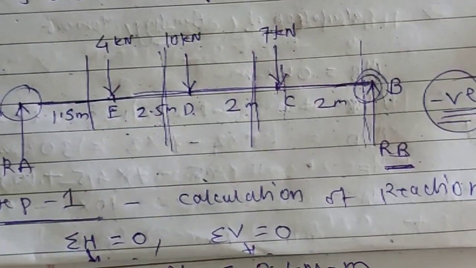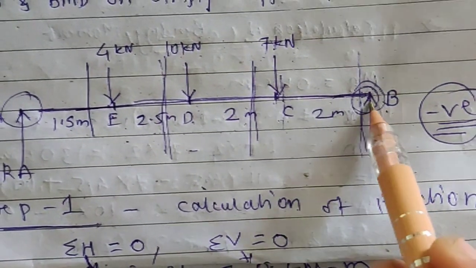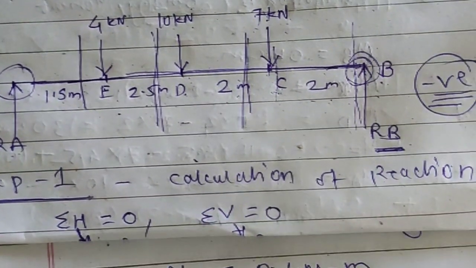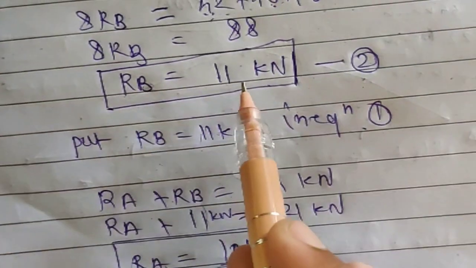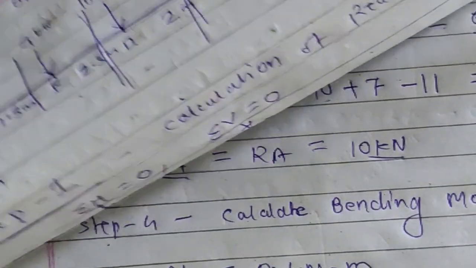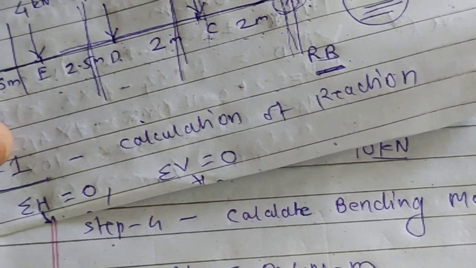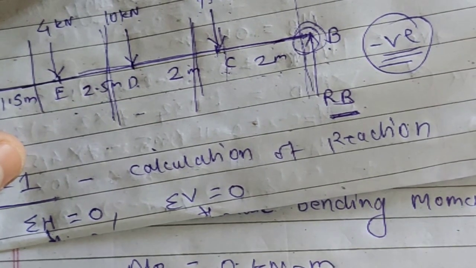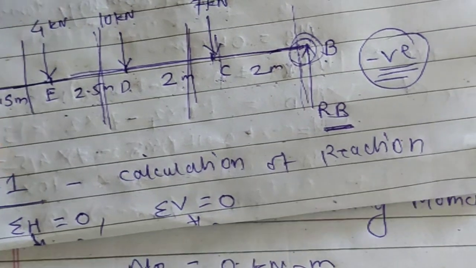So this RB into the distance from B to C, which is 2 meters. Our RB value is 11 kilonewton. So 11 kilonewton into 2 is equal to 22 kilonewton meter. Okay, so my bending moment at C is 22 kilonewton meter.